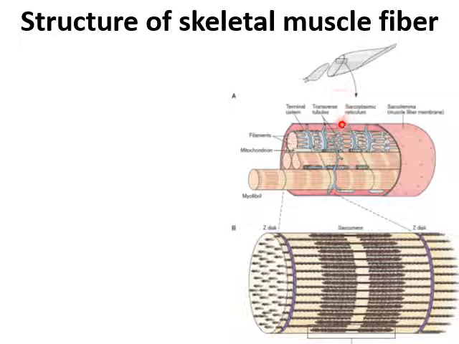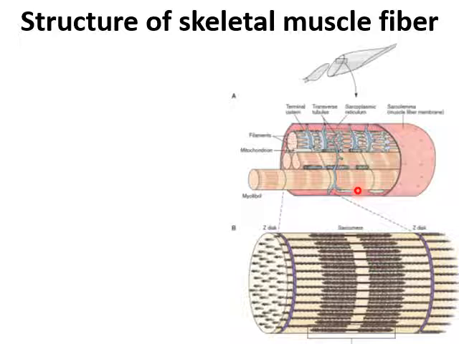The smallest contractile unit of skeletal muscle is a multinucleated elongated cell called muscle fiber or myofiber. So this is the elongated contractile unit, which is multinucleated and present within the muscle, called muscle fiber or myofiber.